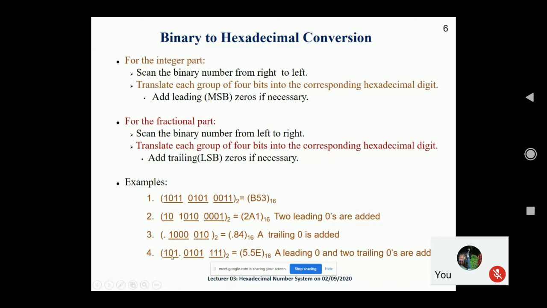The integer part is 101, but this is only a 3-bit sequence, not 4-bit. So we add zeros in the MSB, the left-hand side. So 0101, which is 5. Are you getting my point?